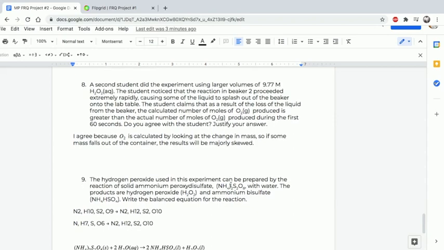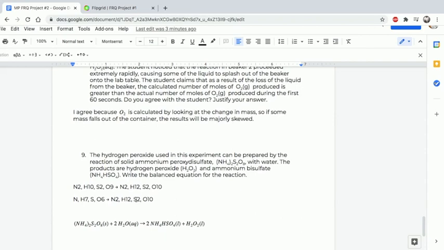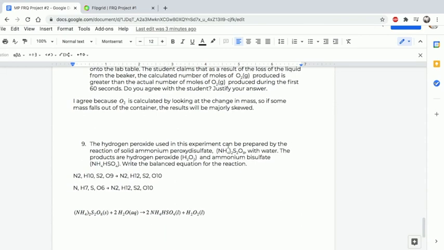Question 9, we have a balancing question, basically. We're reacting this molecule with water, and the products we get are hydrogen peroxide and this molecule, ammonium bisulfate. I first looked at how much of each element was in both, and I noticed that nitrogen and sulfur needed 2.